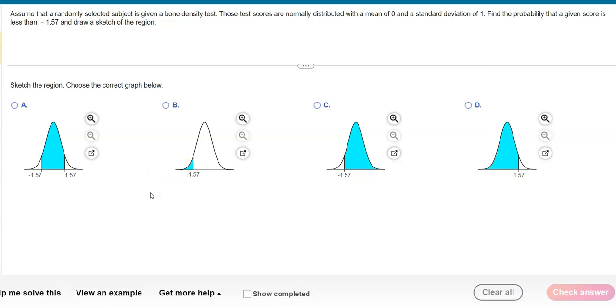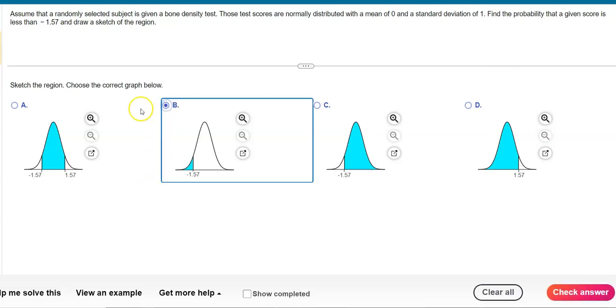The axis down at the bottom is just like a number line where the numbers get bigger as you go from left to right. And then we want to know the probability of being less than negative 1.57. So letter B is going to be the correct answer here because we can see the negative 1.57 labeled in the appropriate spot, left of center, and we have shaded the area to the left, less than that.